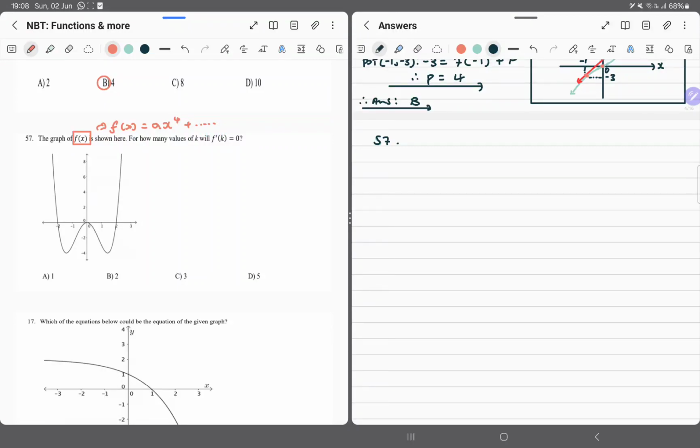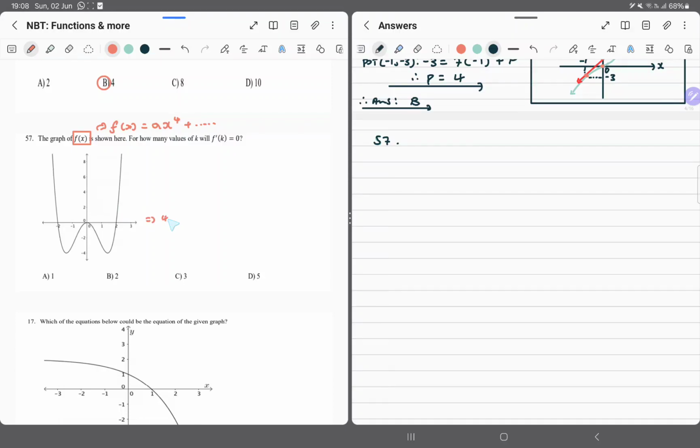The other way you can look at it is, how many turning points do we have? 1, 2, 3. But this is an x-intercept. So when an x-intercept is also a turning point, it means there are equal roots here. So how many roots do we have? 1, 2, 3, 4. So we've got 4 roots.